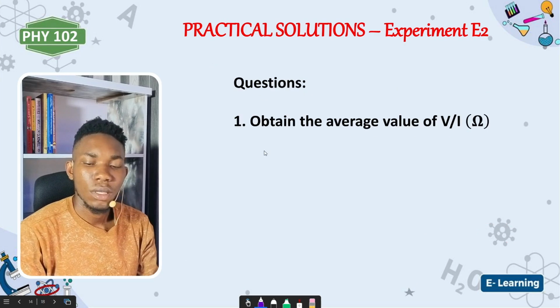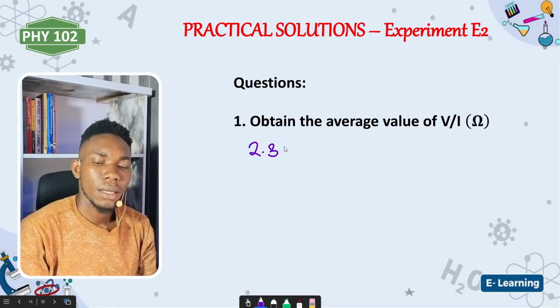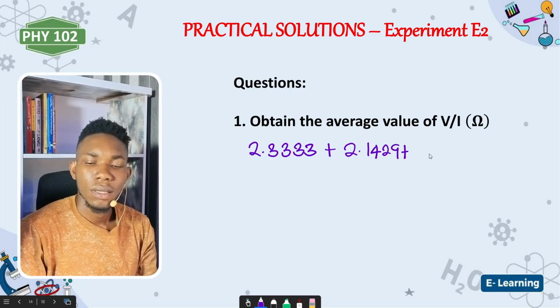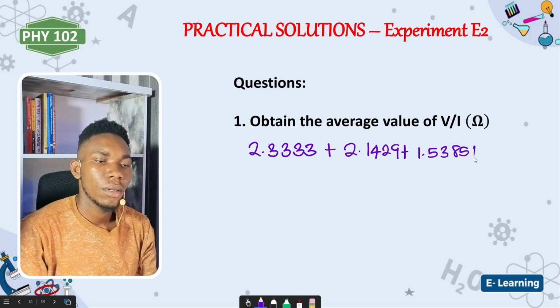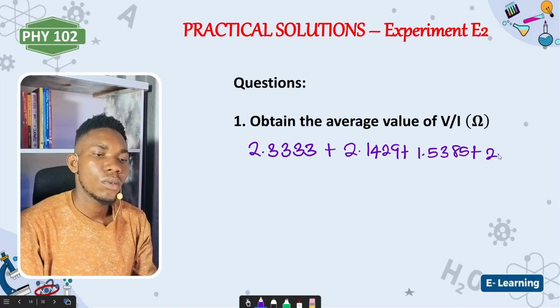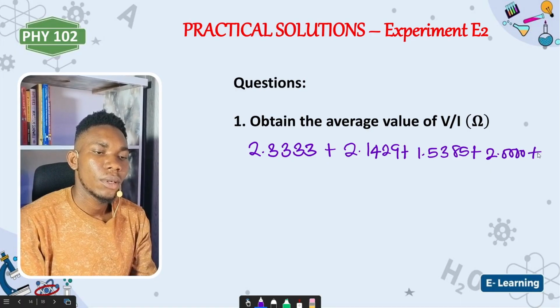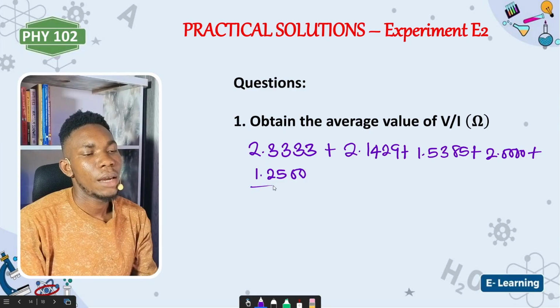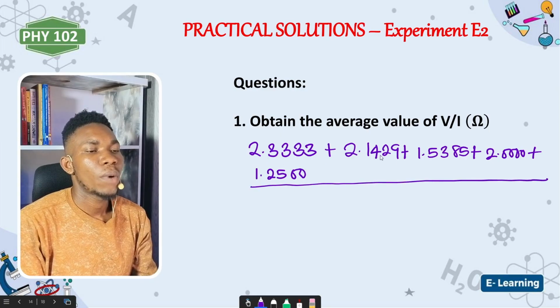So this will give us 2.3333 plus 2.1429 plus 1.5385 plus 2.0000 plus 1.2500. Now everything here is divided by 5.